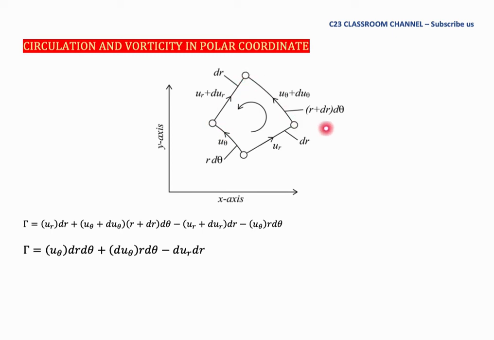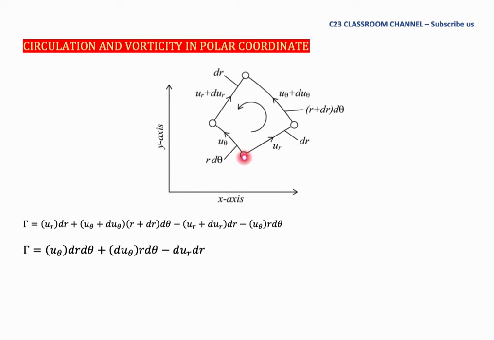It is almost similar to the continuity equation. But we assume that the molecule is now traveling from here to here, to this point, and then to this point, and finally back to its original location. So the equation to calculate the gamma is multiplying the velocity and the distance traveled by the fluid.